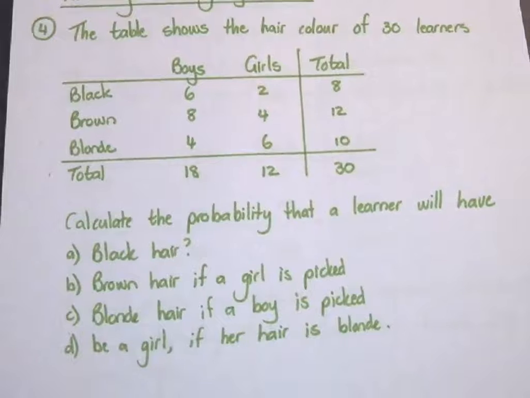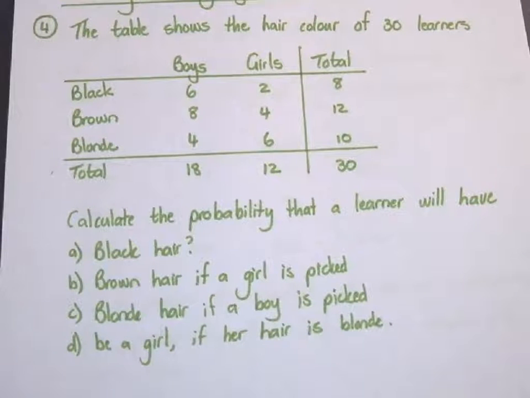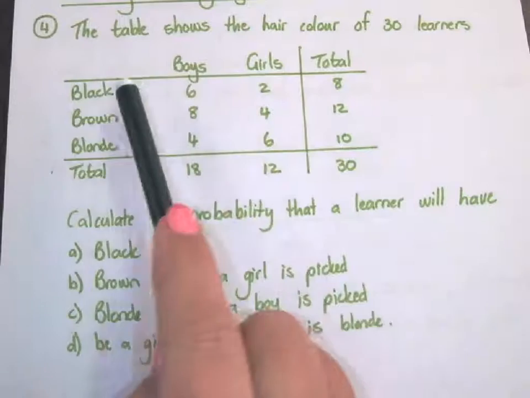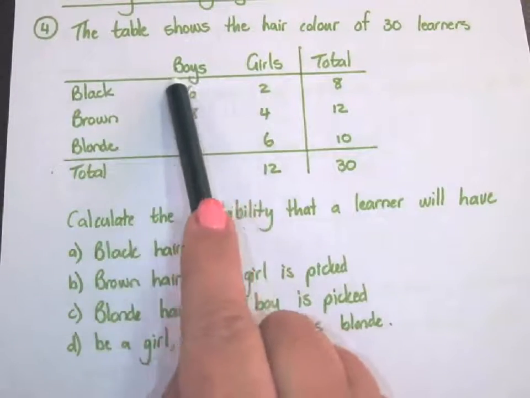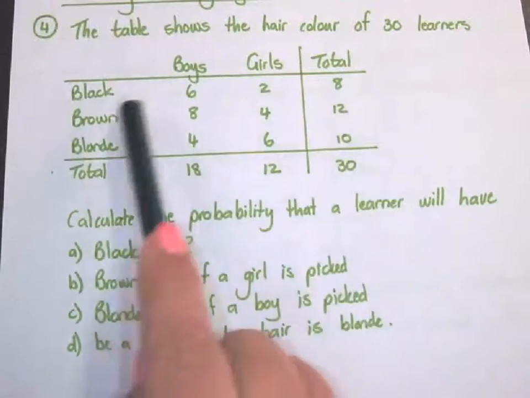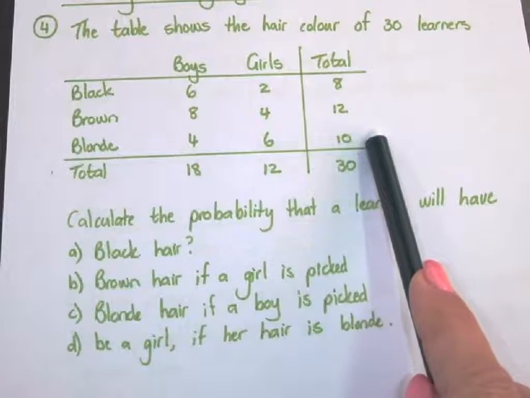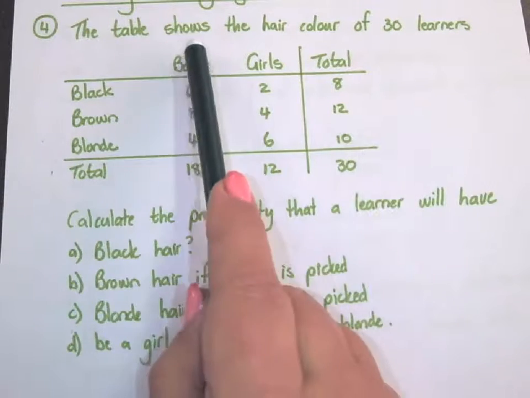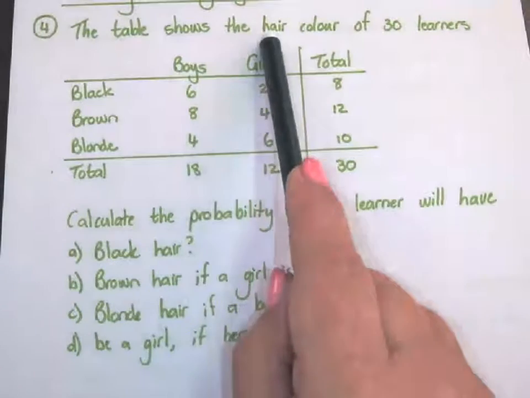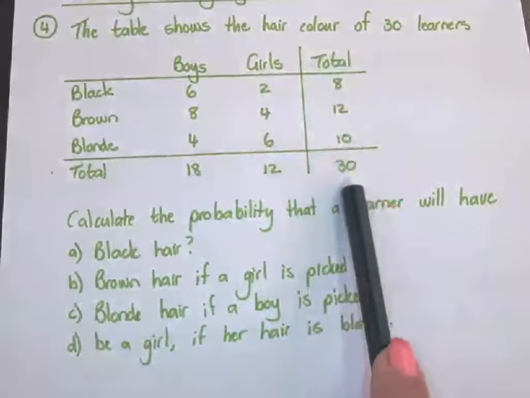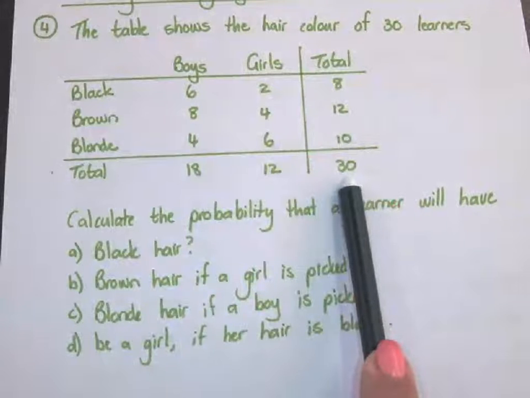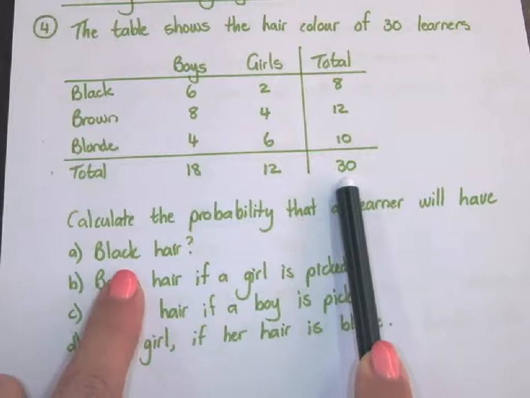Our first question on contingency tables is regarding boys and girls having black, brown, or blonde hair. They calculated all the children having black hair, all the children having brown hair, and all the children having blonde hair. They also calculated how many boys were there, how many girls were there, and how many children were asked in total.